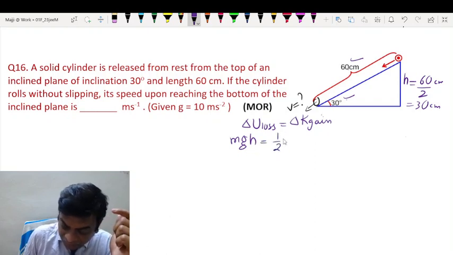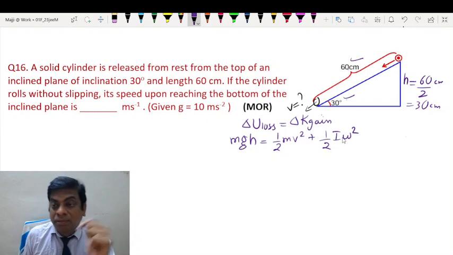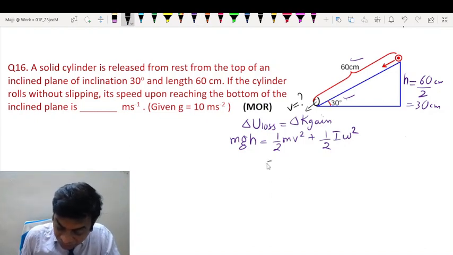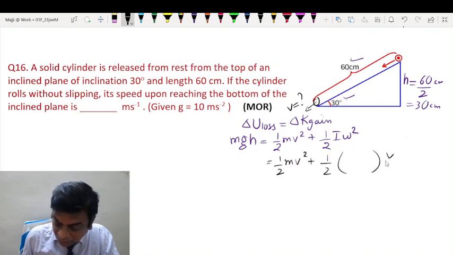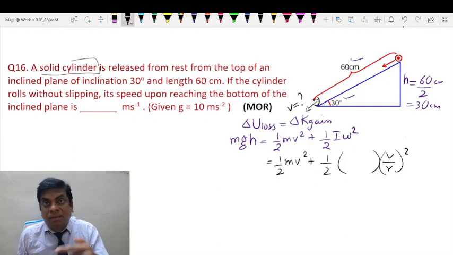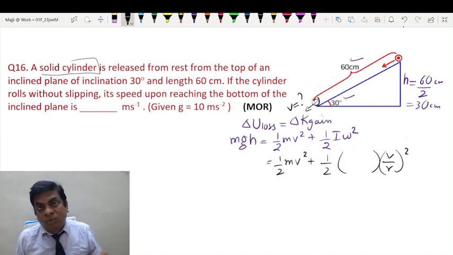And gain in kinetic energy. Remember, it will gain both types of kinetic energy, that is translatory kinetic energy plus rotational kinetic energy. Both types of energy it will gain. So we have to be careful here. Now, depending on the type of body, immediately we will be able to express I and omega in terms of v and r, etc. Now, the body is a solid cylinder and the axis is its own axis.